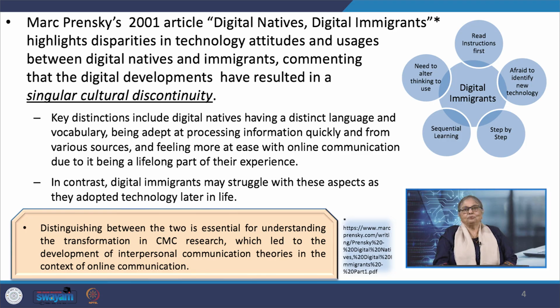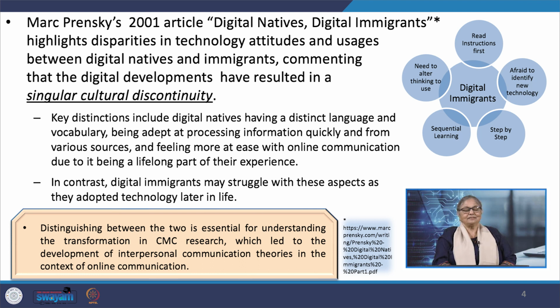Mark Prensky's 2001 article, which was published under the heading of Digital Natives, Digital Immigrants, highlights disparities in technology, attitudes, and usages between digital natives and immigrants, commenting that the digital developments have resulted in a singular cultural discontinuity.